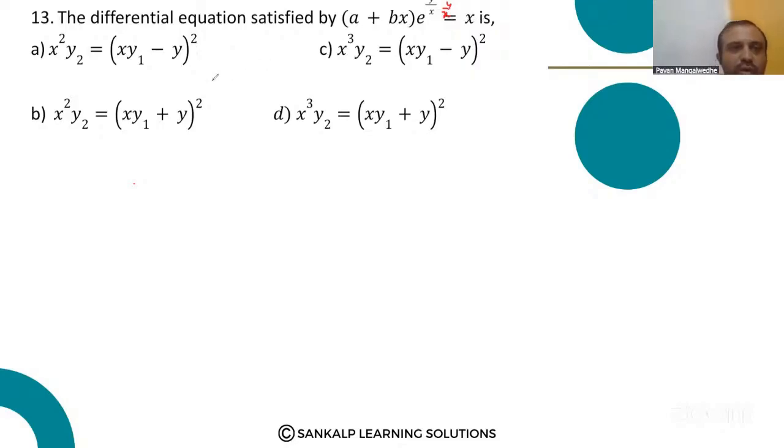The differential equation satisfied by a plus bx the whole into e raised to y by x is what?